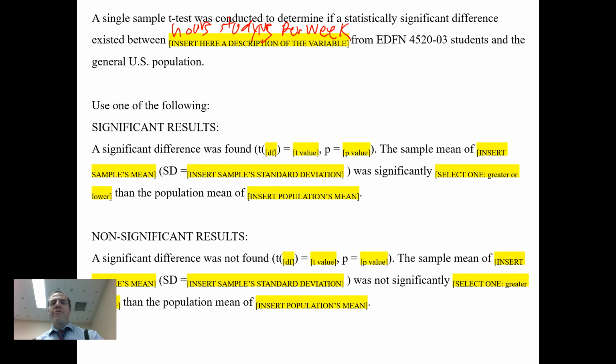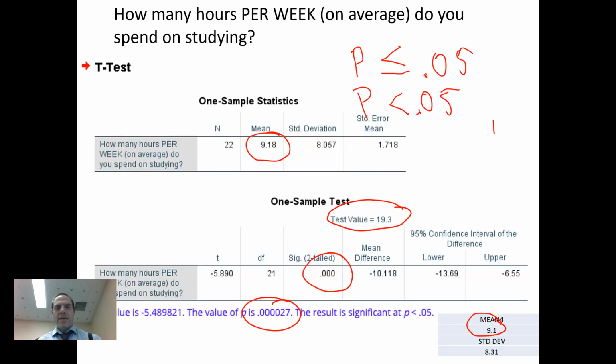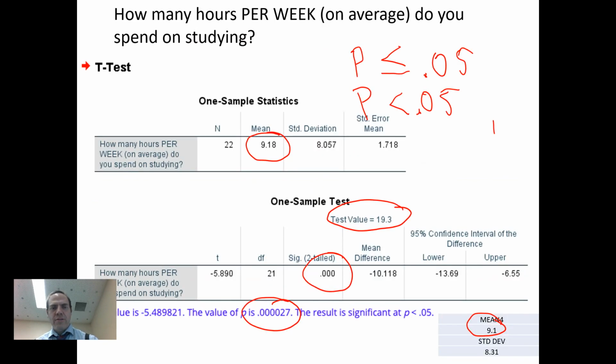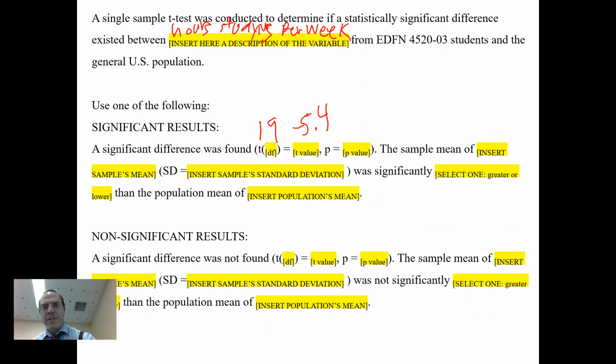So here, degrees of freedom is the same, 19. T-value is going to be negative 5.4. P-value, I could just put 0.00. If you did the whole numbers, that's fine.